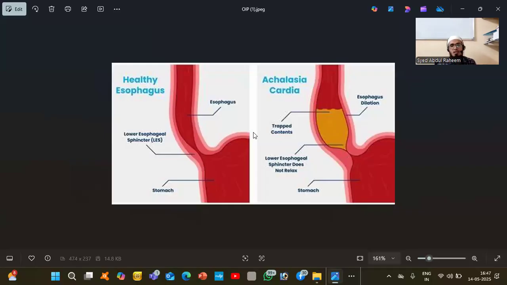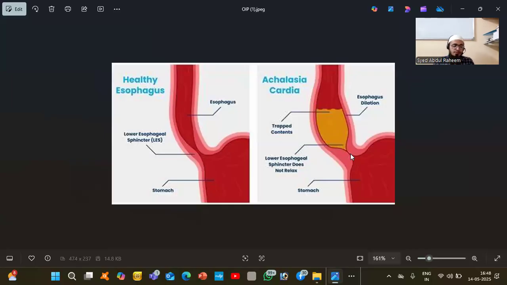But in achalasia, this is called functional dysphagia. Here the sphincter is not relaxed; the sphincter is blocked, so that's the reason food is not entering. Mostly the patient is unable to swallow liquid substances.